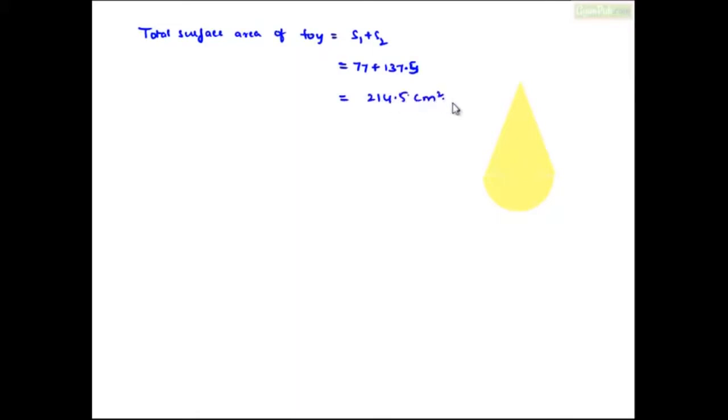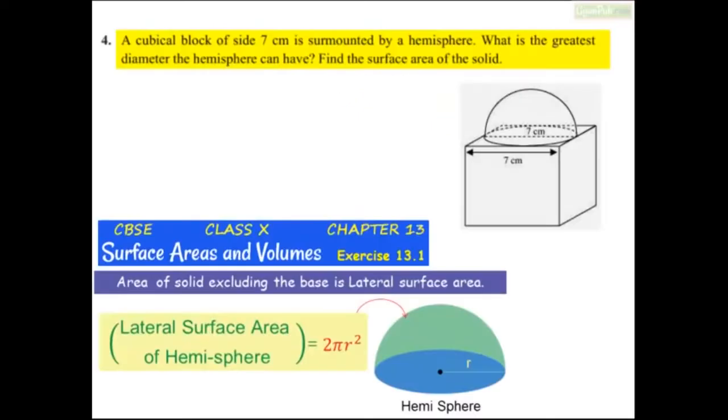Now the total surface area of the toy is equal to S1 plus S2, which is 77 plus 137.5, that is equal to 214.5 centimeter square. That is the required answer.